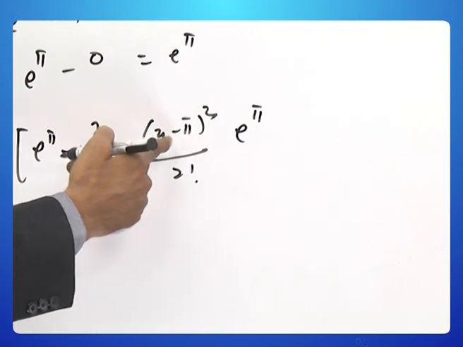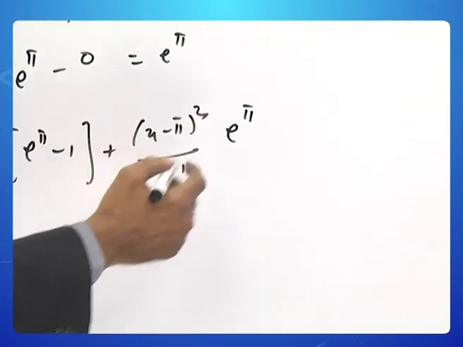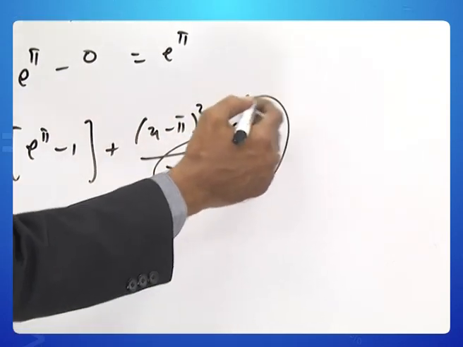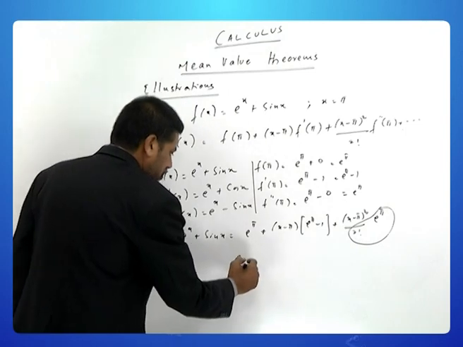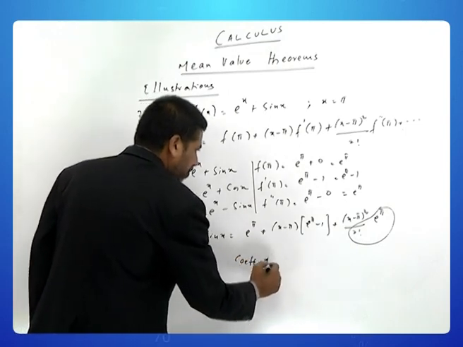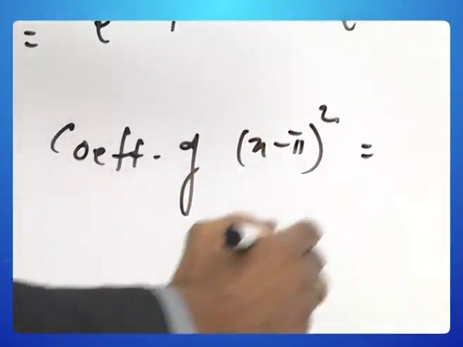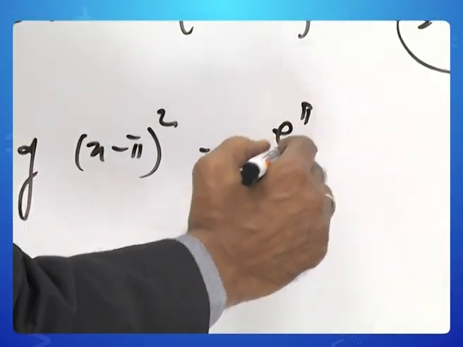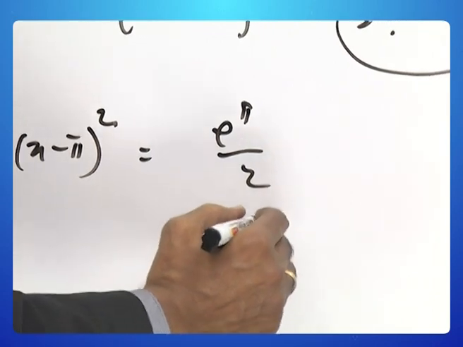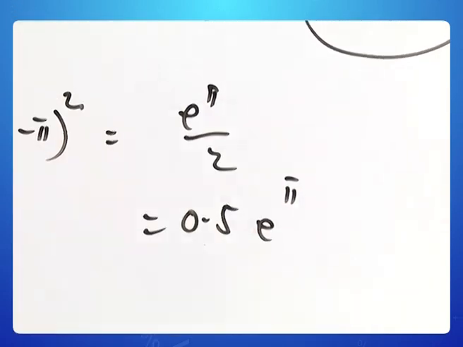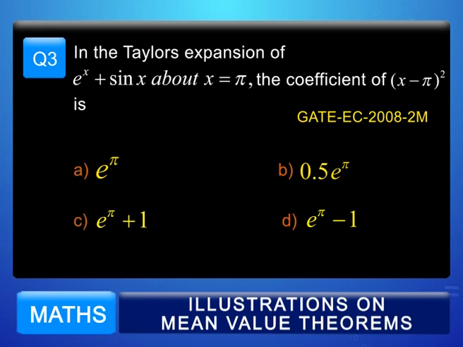So, the coefficient of x minus pi whole square will be this quantity. So, coefficient of x minus pi whole squared will be e power pi by 2, which is 0.5 e power pi, and you can see this is available as option B.